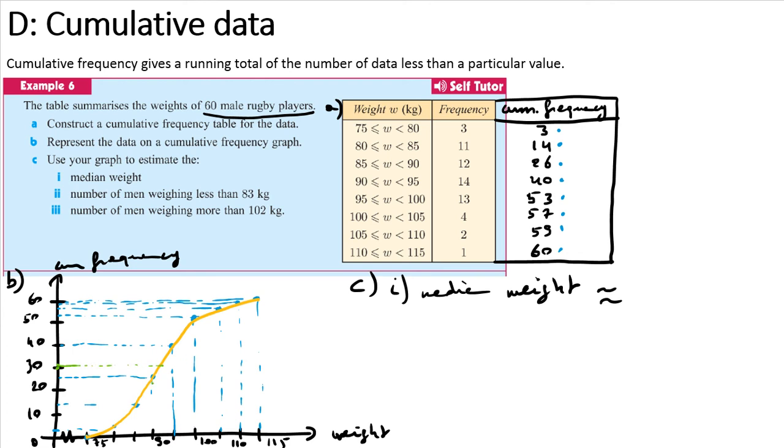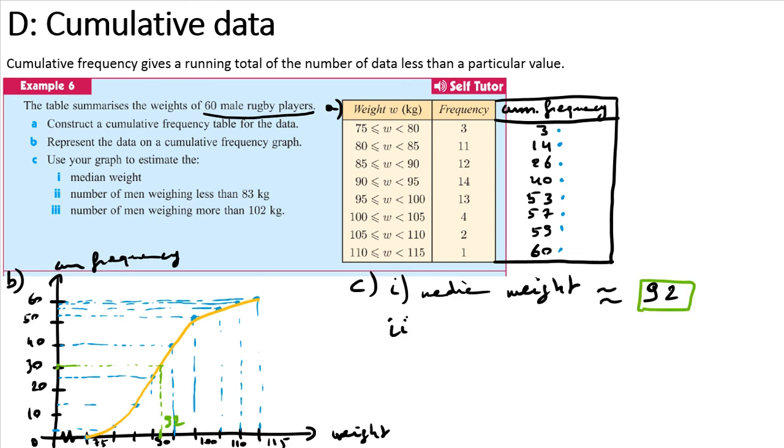And then we can see that if we go down, it's approximately equal to 92. Let's say we have 92 here. So the median weight is approximately equal to 92. Let's do a green one around it so you can see it very clearly.